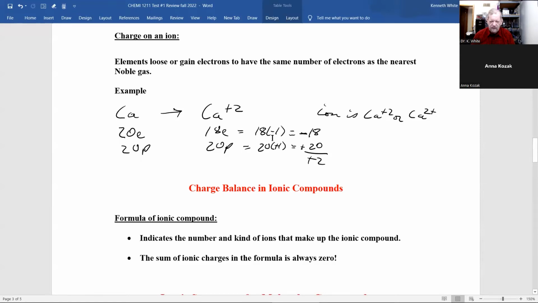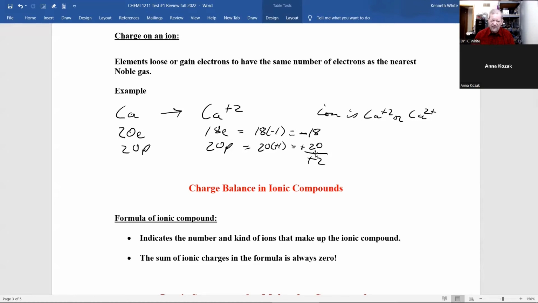And there are 18 electrons. Each electron has a -1 charge. You get -18. There are 20 protons. Each proton has a +1 charge, +20. Add these together, -18 plus 20 gives +2.